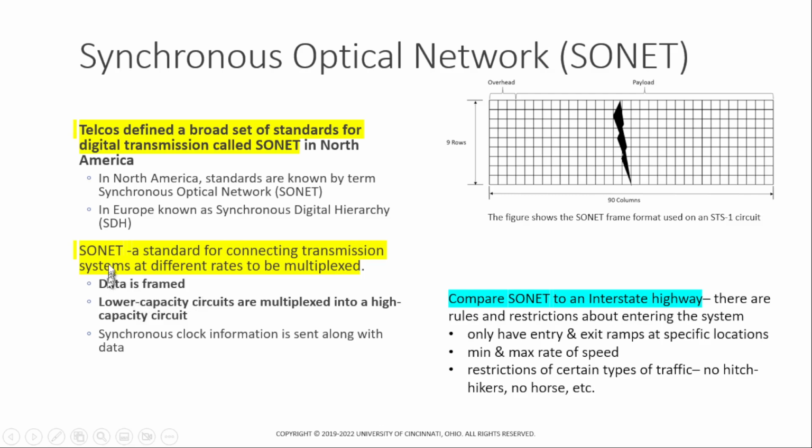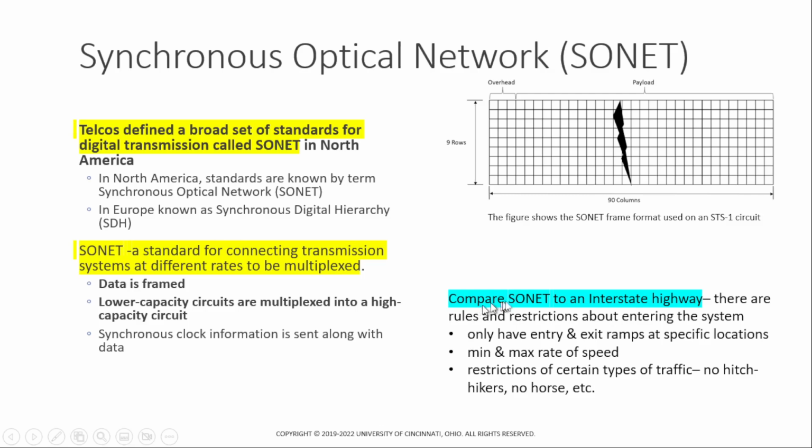So it says, hey, if you're going to go over the phone line on the backbone, your data frame has to look like this. And it says, okay, if you're a lower capacity, I'm going to connect you to a higher capacity circuit. So maybe it's connecting from ISDN to a T1 line. And SONET helps that conversion.